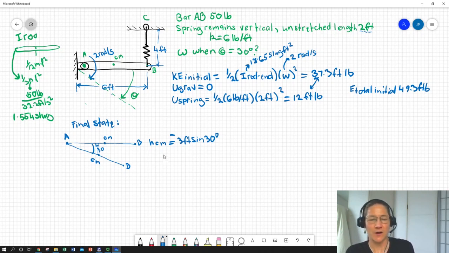So if we look at our gravitational energy final, it's going to be equal to our H, our height change, elevation change of the center of mass. So for this, we're not worried about rotation. We can put all of the mass right at the mass center and move that down.